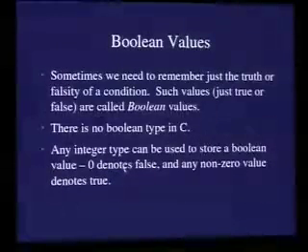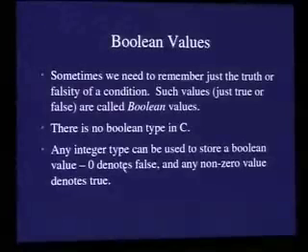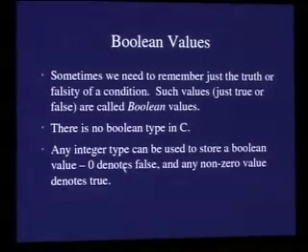Another important type of values that we'll often need to deal with in our programs are Boolean values. A Boolean value is nothing but true or false. We often need to remember just the truth or falsity of some condition in the program. We're going to shortly see an example of a program which uses this notion. These values are called Boolean values after the famous mathematician Boole.